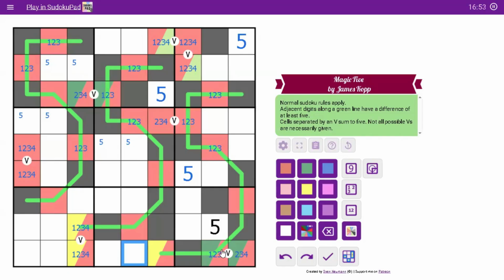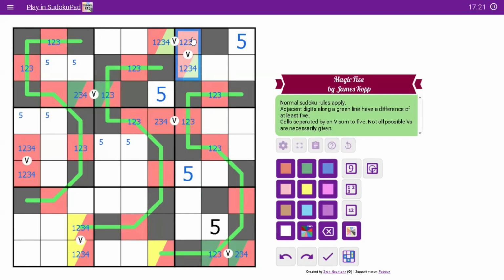Where does the green shaded version of 5 go in this column? Well, clearly it can't go there by Sudoku. It can't go in any of these cells. So the two digits have to go in 3 places. Well, you can never put one of the green digits here, because that would mean you'd have to put another green digit here.